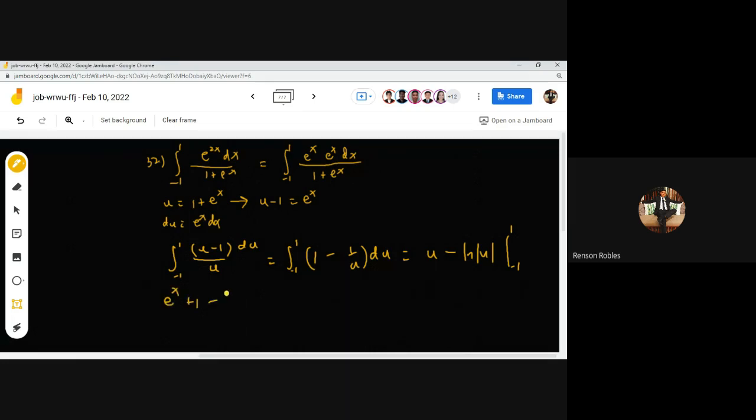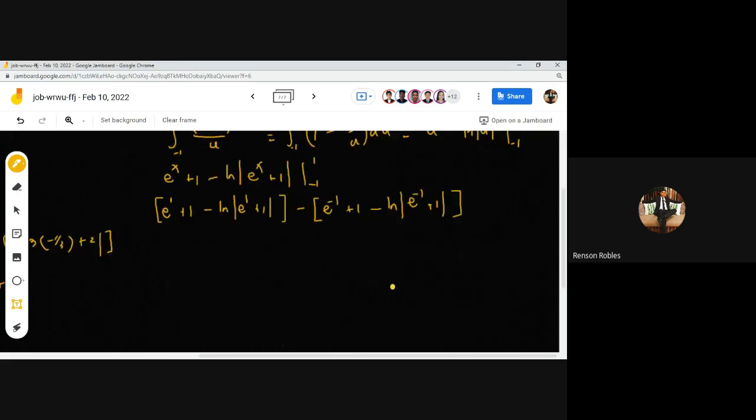Then minus ln of e to the x plus 1 evaluated from -1 to 1. So that's e to the 1 plus 1 minus ln e to the 1 plus 1. Then minus, I will now replace it by -1. e to the -1 plus 1 minus ln e to the -1 plus 1.